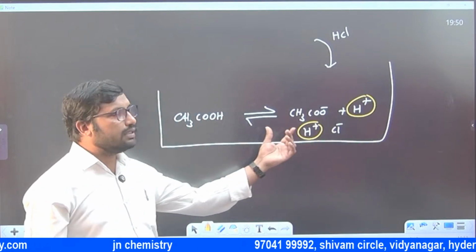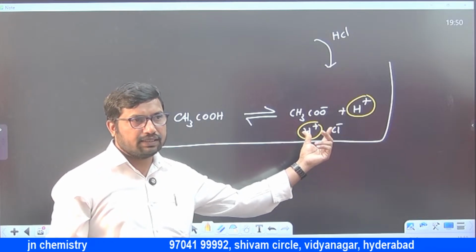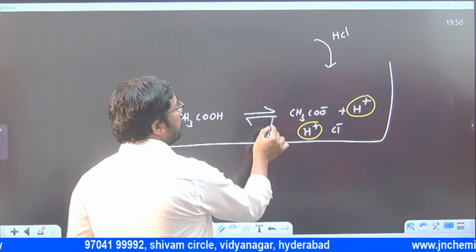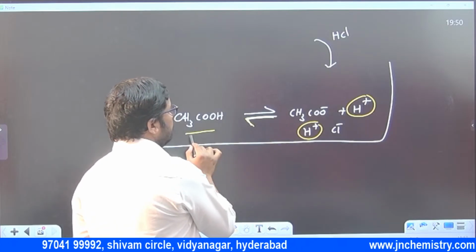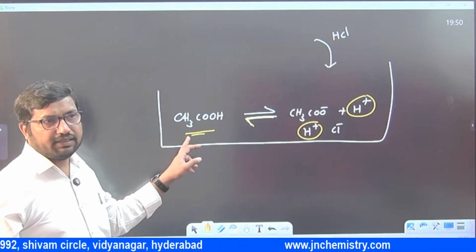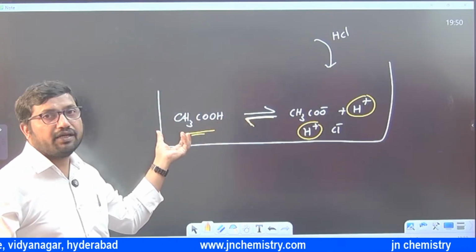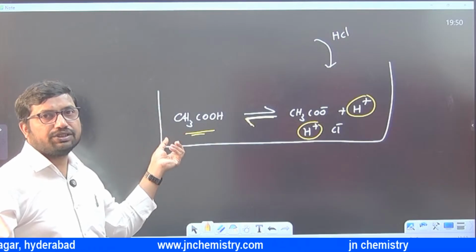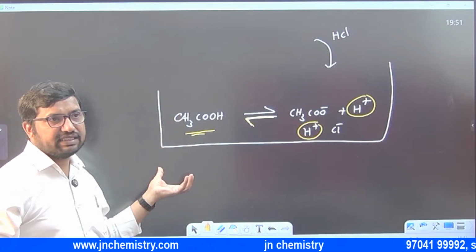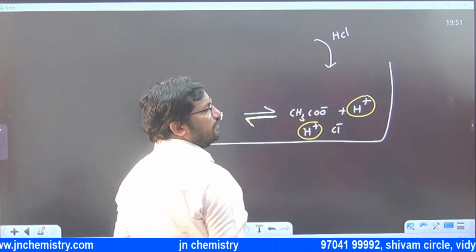So the product side concentration increases; H plus concentration is increased. The backward reaction takes place. It is suppressed. Actually, this is a weak acid. If we mix it with a strong one, its degree of dissociation or ionization will be dramatically decreased. So this is called the common ion effect.